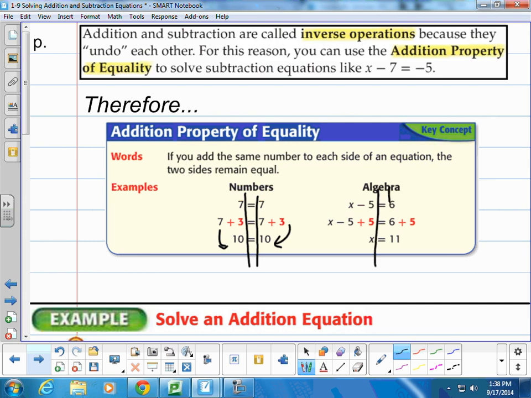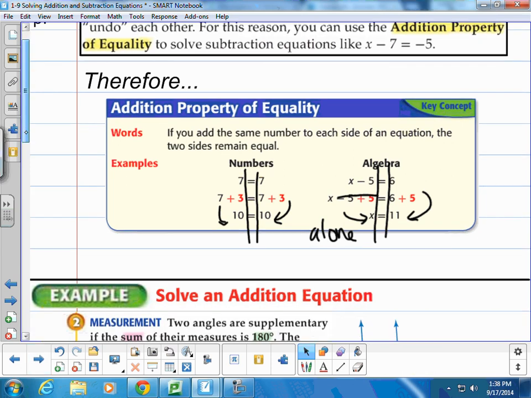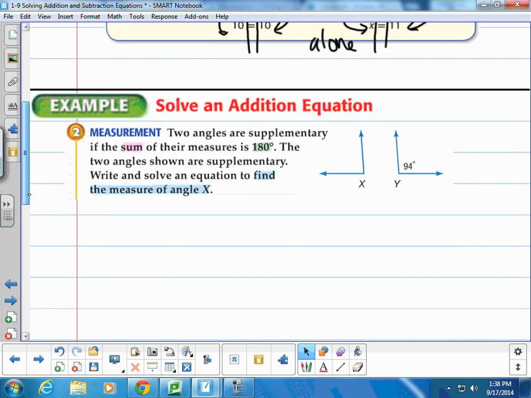We are subtracting 5, so we're going to add 5 back on to get that to 0 to isolate the variable. It's alone. Same thing on the other side. So if you add a number to each side, the two sides remain equal. Inverse operation.